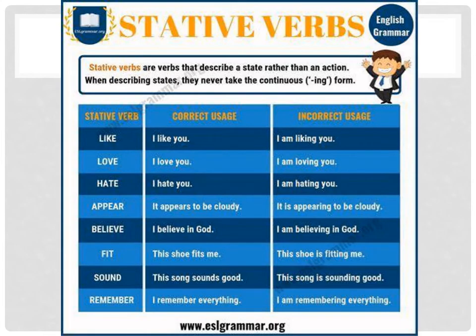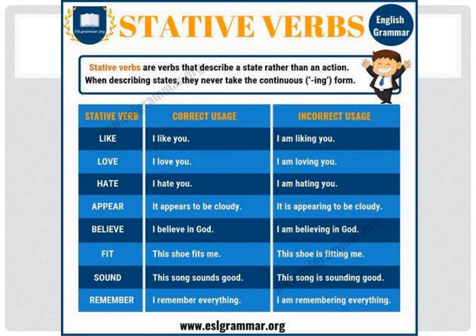Now, we move on to the next part, that is stative verbs. Stative verbs are verbs that describe a state rather than an action. When describing states, they never take the continuous or ing form. Now we look at the examples. The first one, like. The correct way to use it is I like you, not I am liking you.